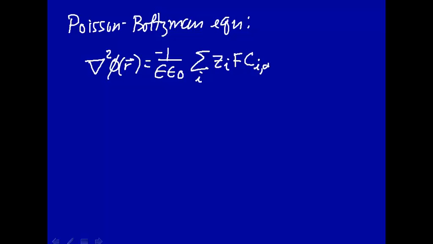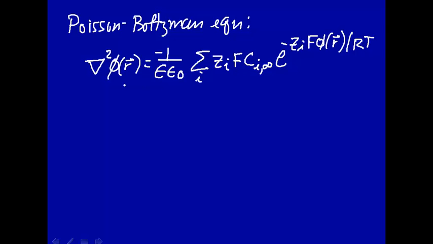Let me just use i comma infinity for the concentration of the ion far away from the charged surface, e to the minus z_i F phi of r over RT. So there's the Poisson-Boltzmann equation. It gives the potential as a function of the concentration of ions.